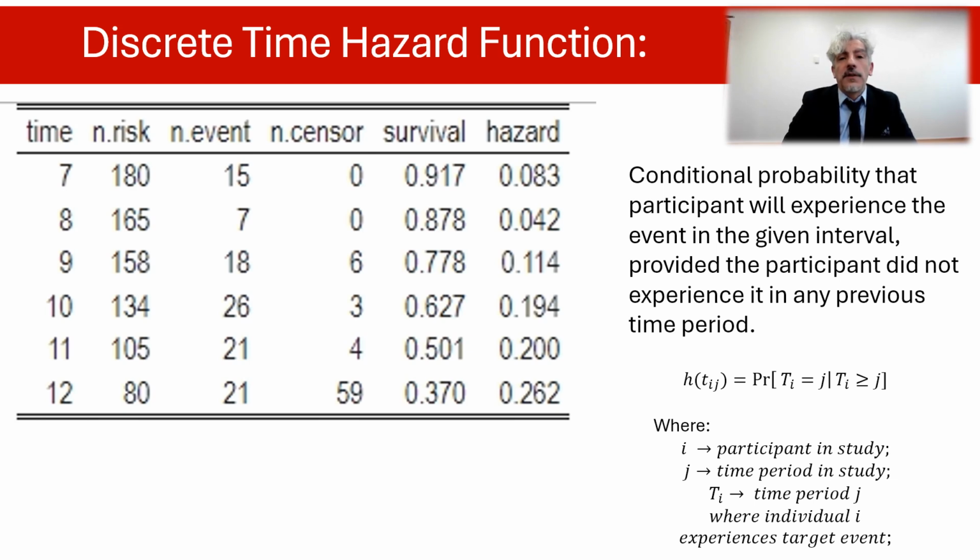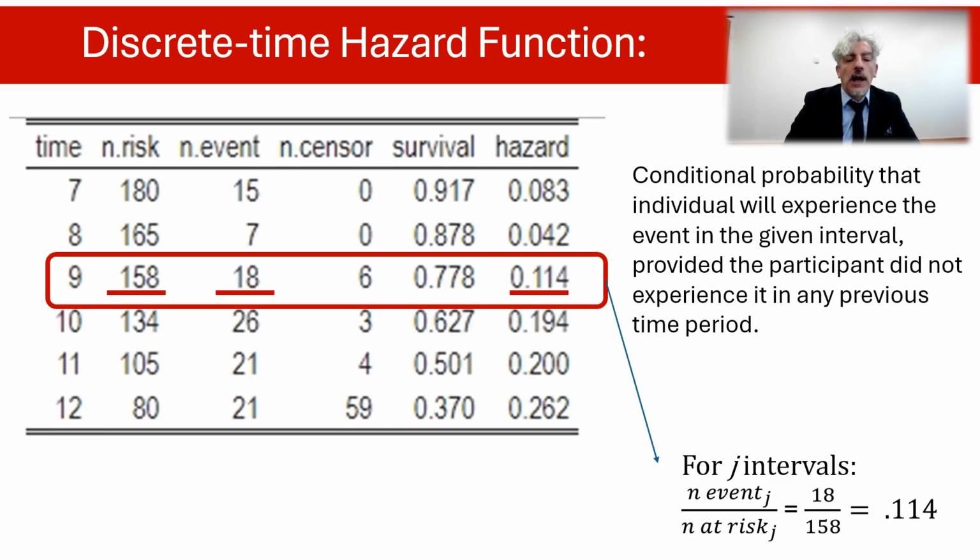So this consideration emphasizes the importance of non-informative censoring. To be able to have informative probabilities, we must be able to assume that those 134 that entered the study in year 10, for example, are representative of all the cases that would have entered the study in year 10 had there not been any censoring.